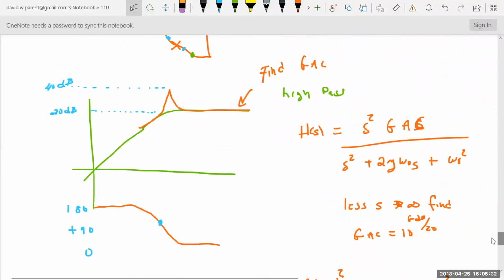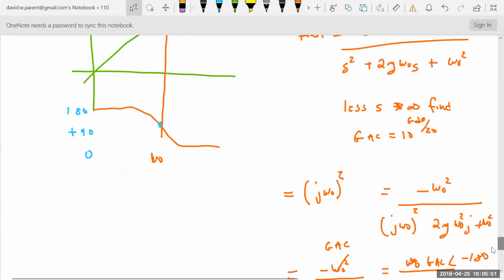Now, the bandpass gets a little more complicated, and I do have notes that once you get this, the other one should come pretty straightforward. So here's my omega naught. All right.